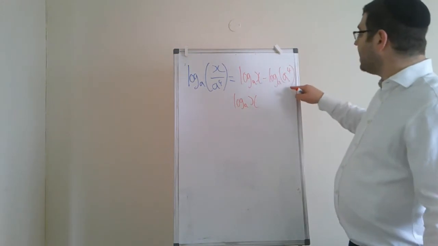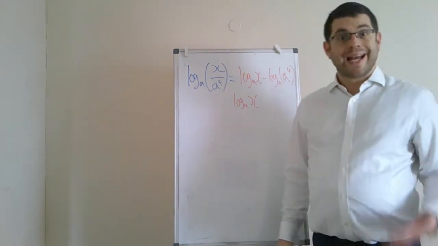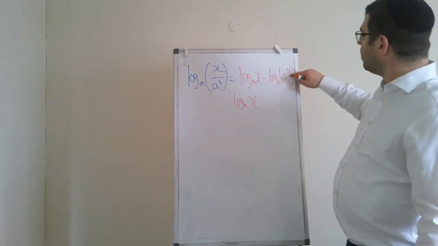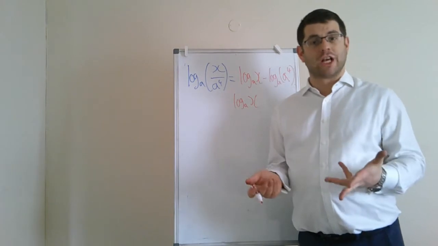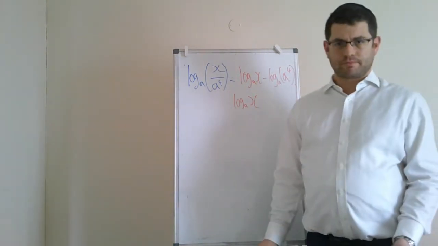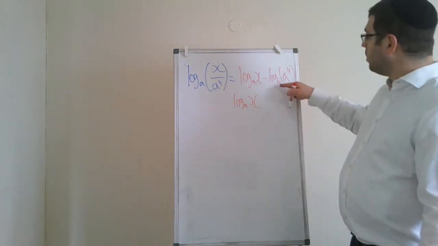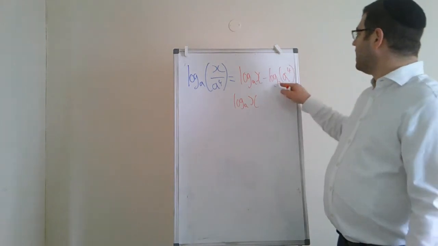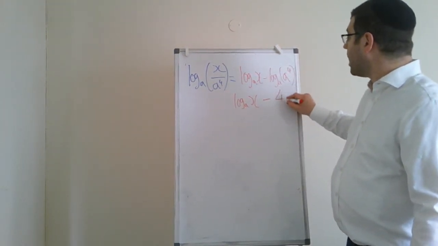What does this really say? What power of a gives me a to the 4? It's 4. If you're inside of the logs in terms of a, and that's a, there's probably a simplification that can occur. I can't do anything with the log ax because I don't know what a and x are. They're variables. I don't know what values they take. But here, log a, whatever a is, the power of a to the 4 will give me a to the 4. So that's actually just minus 4.